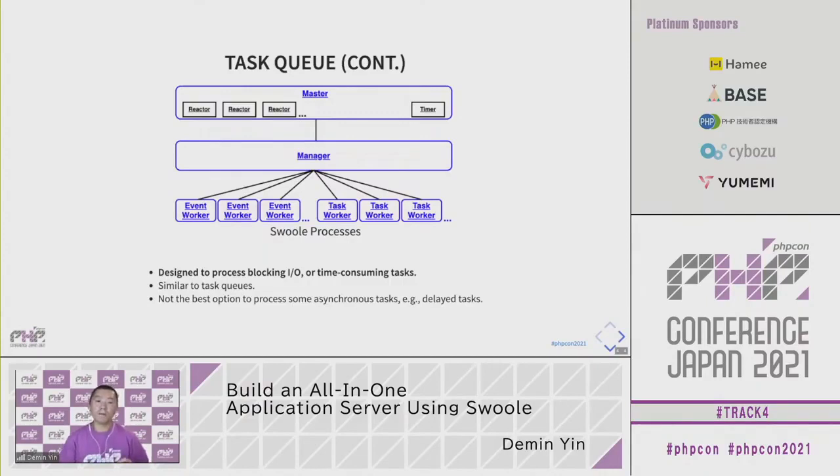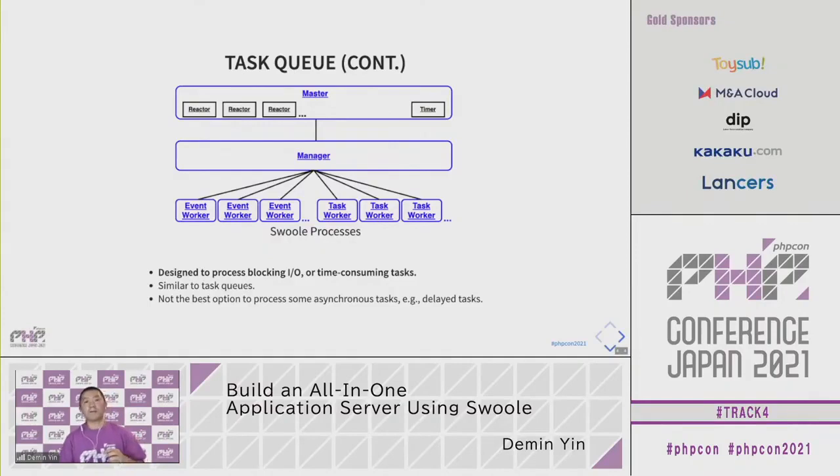So how do we make these things run in non-blocking mode in Swoole? Well, there are a bunch of different solutions for that. Swoole itself has done its best to make many blocking IO operations work asynchronously, like PDO queries and Guzzle HTTP calls.